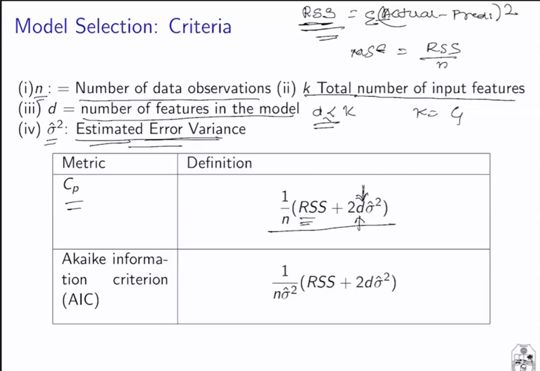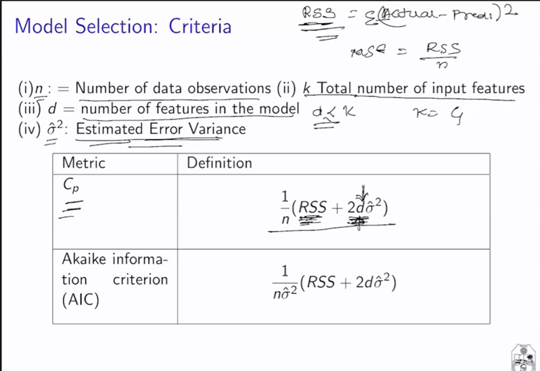If D increases, this term goes on increasing, meaning whenever you add more variables, this term tries to penalize it by adding this quantity to the RSS. You are going to select the model in which the Cp is smaller, instead of the RSS being smaller.